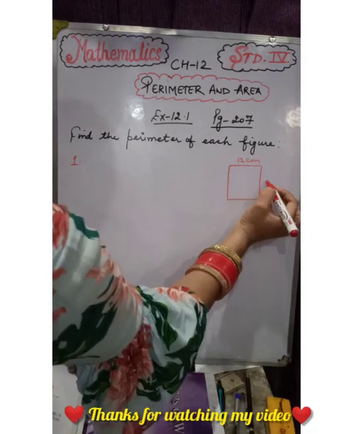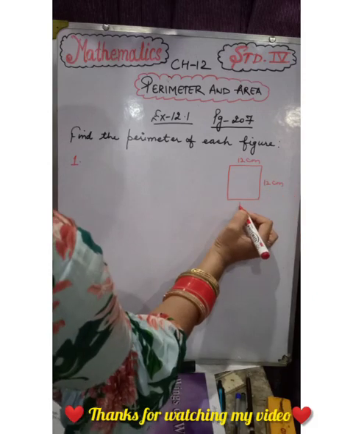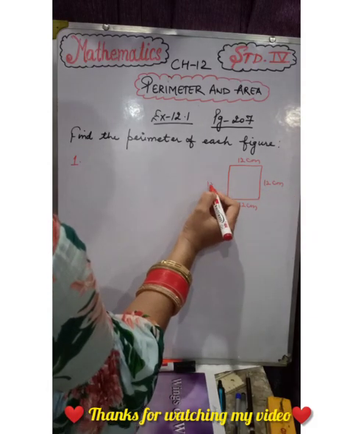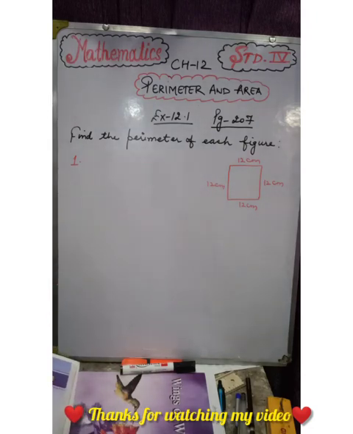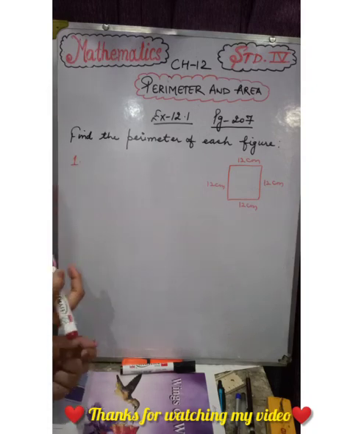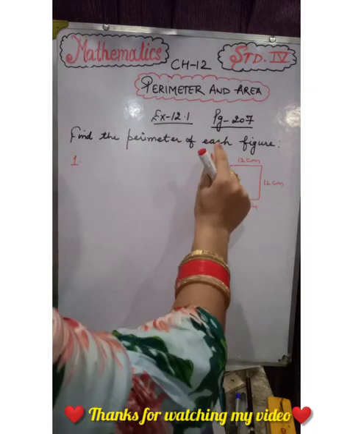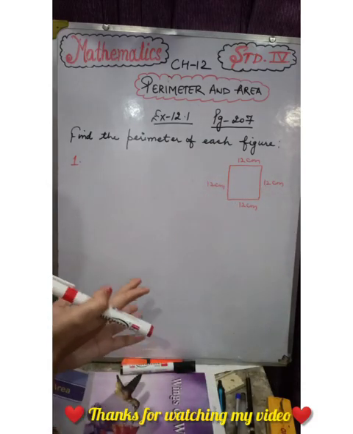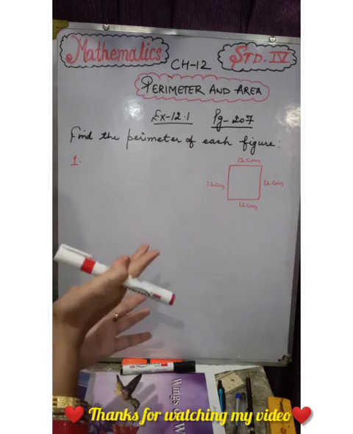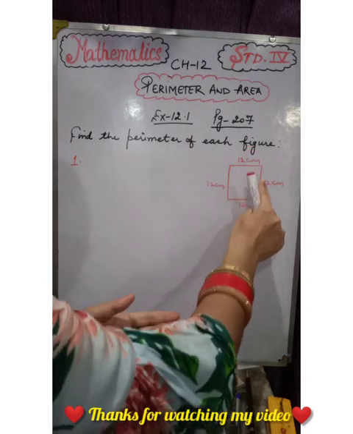12 centimeter, 12 centimeter, 12 centimeter and 12 centimeter. Now all the sides are equal, so this is a square. We have not learnt any formula till now, so we will use the general formula for all types of figures. The perimeter is the total distance around a figure. Total means plus, we need to add all the sides.